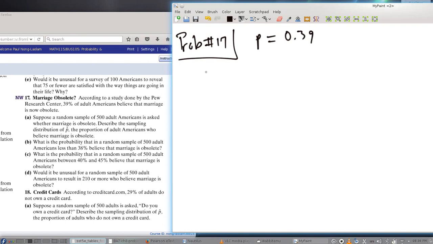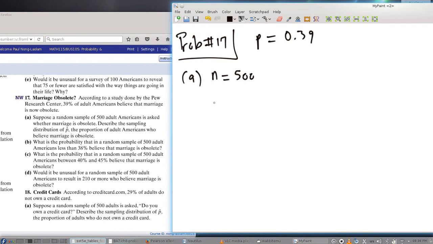So for part A, we are told that the sample size is 500. Remember in the previous problem that in order to describe the sampling distribution of the sample proportion, we must test the data to see if it satisfies the binomial property and has a normal distribution.